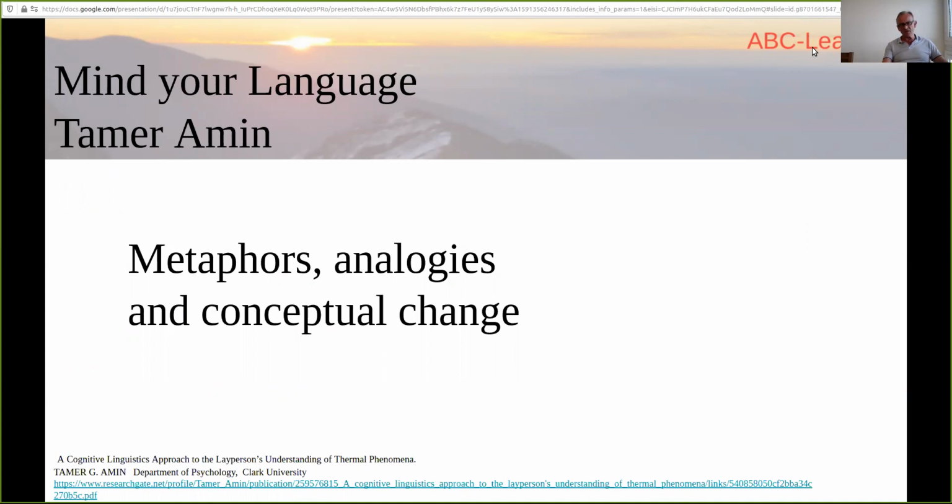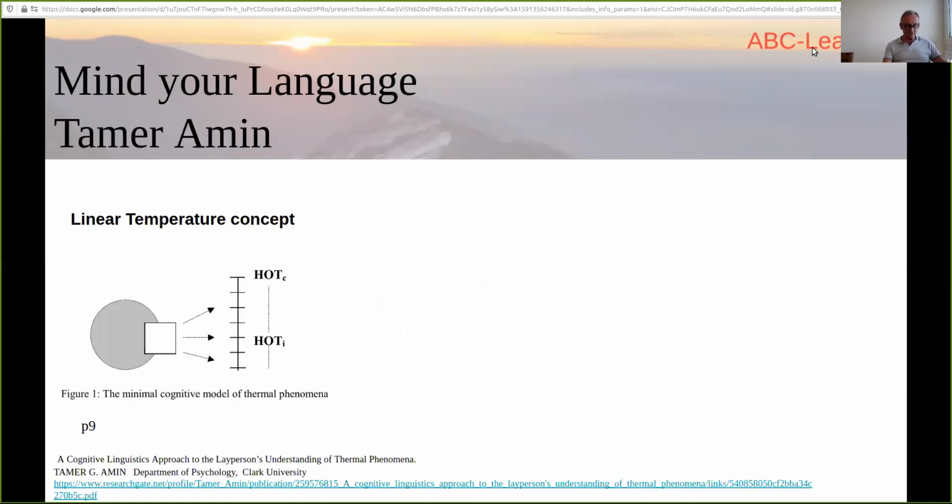He's a cognitive psychologist, but he's particularly interested in science education and the use of language in conceptual change. And so I really suggest reading him about how the metaphors and analogies we use can either hinder or actually promote conceptual change. We'll see that in action in the experiments.